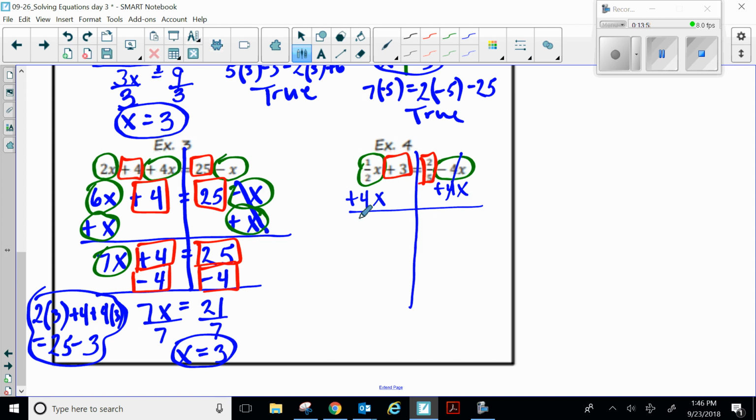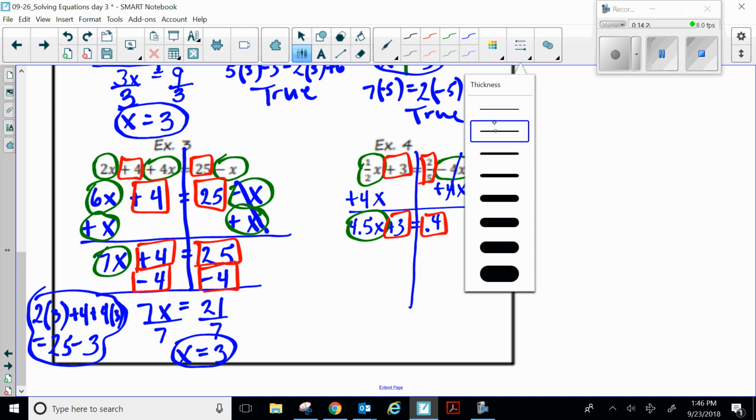So I have 4.5x, or we can write 4.5x plus 3. And on my right side, I have 2/5, or if you would like to change that to a decimal as well, I have 0.4. Okay, so I'm going to circle my variable and put boxes around my constant.